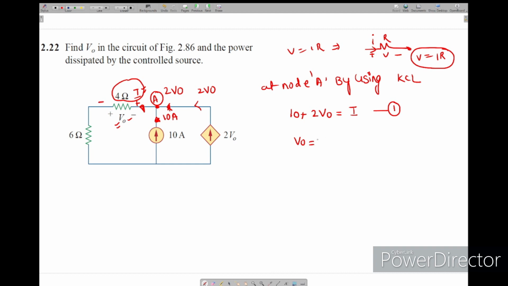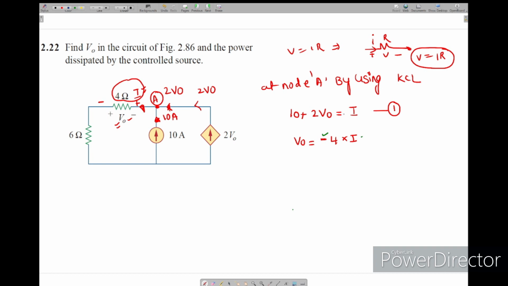I write 4 times I, but with a minus, because for a resistor with current entering like this, V equals IR, but here as per the question V0 is defined this way, that's why I have put a minus here. So now we got V0 equal to minus 4 times I.